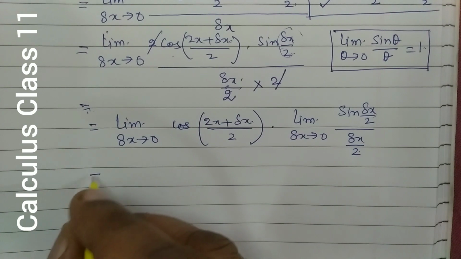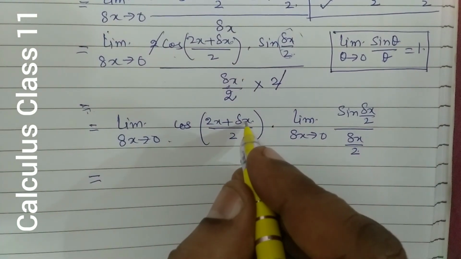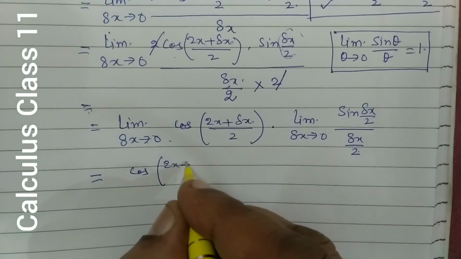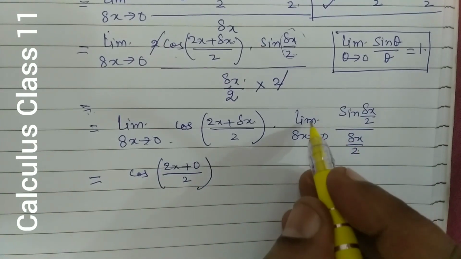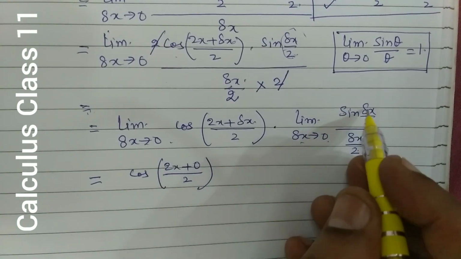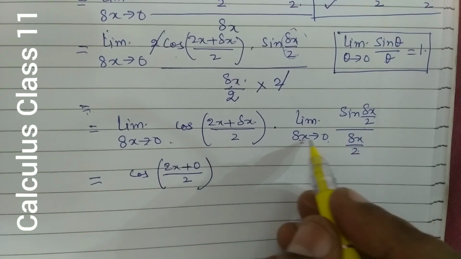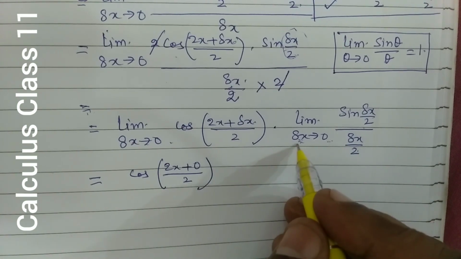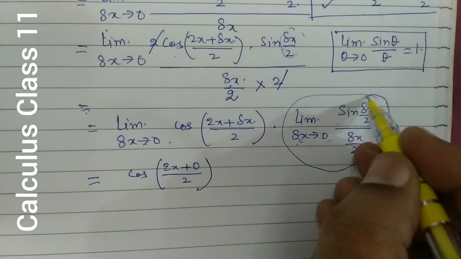So now putting the value of delta x tends to 0, here we are going to remove the limit. So cos((2x plus 0) upon 2), and this is in the form of limit theta tends to 0 sin theta by theta. When delta x tends to 0, it means that delta x by 2 also tends to 0. So the whole thing becomes 1.